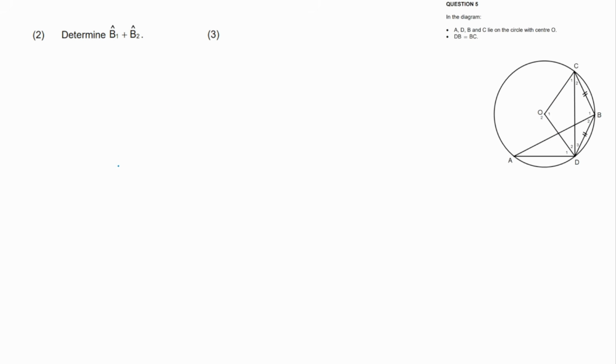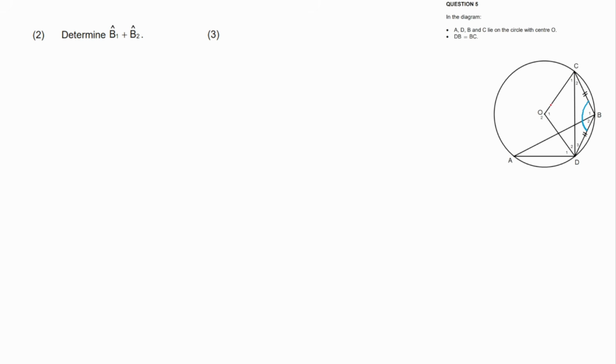Now I have to determine B1 plus B2. So I need to determine these two angles together. B1 and B2 is an angle at the circumference. We know that the angle at the center is equal to 2 times the angle at the circumference.